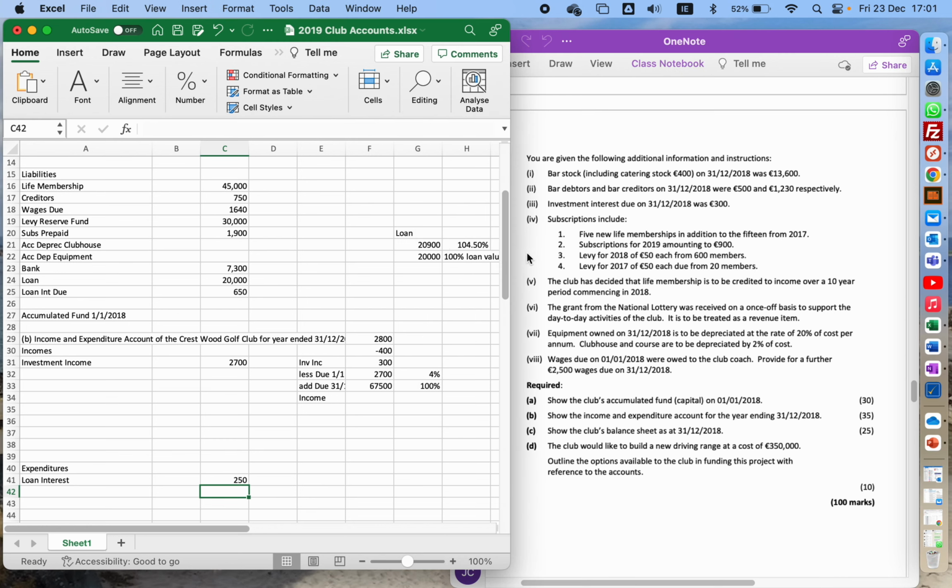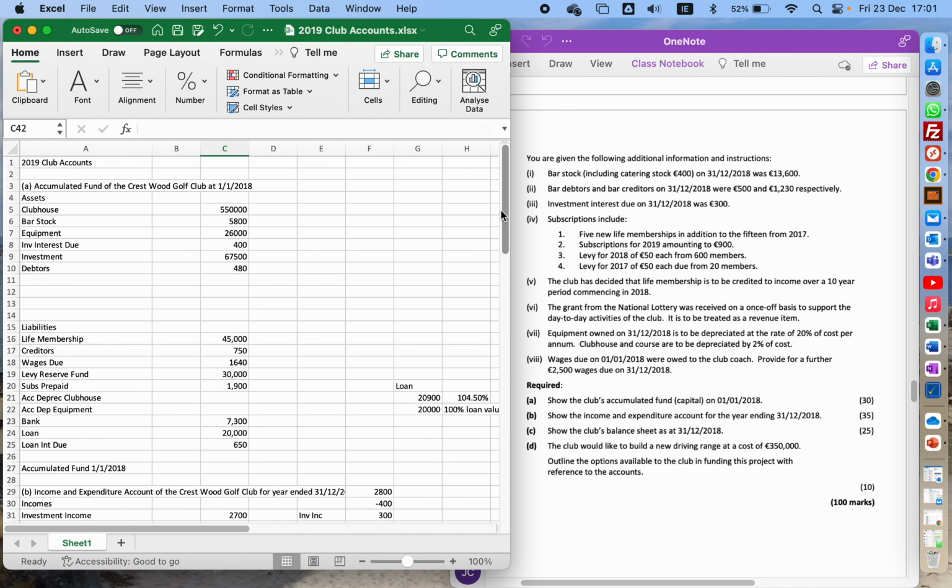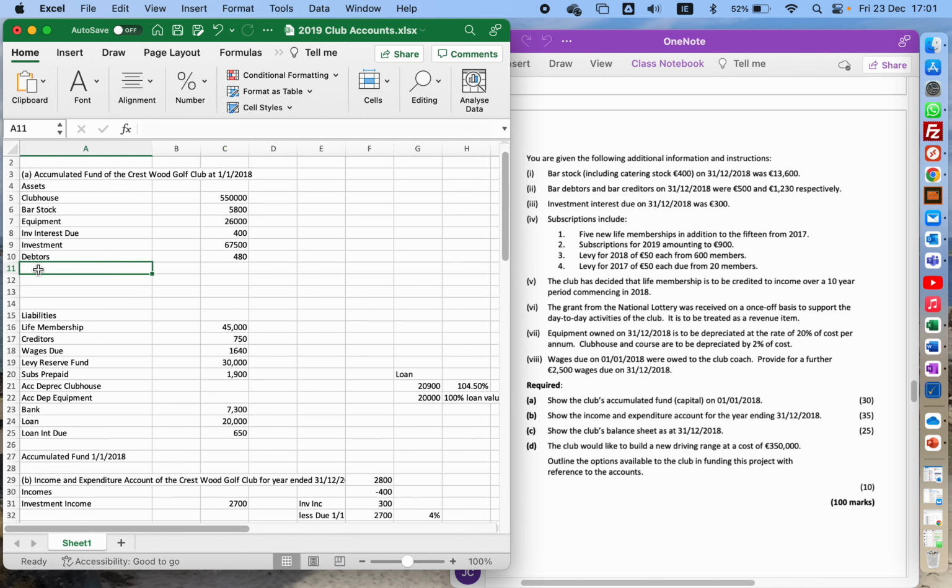So that means I'll have a life membership due at the beginning. We have to work out what the number is. It's 5 new, so it's 15 from 2017.